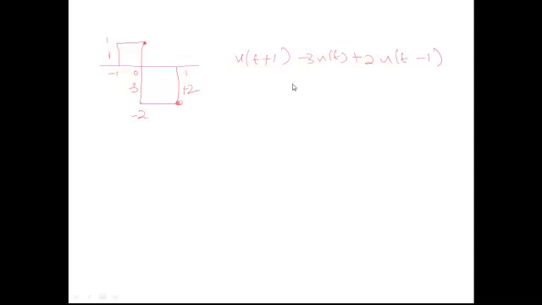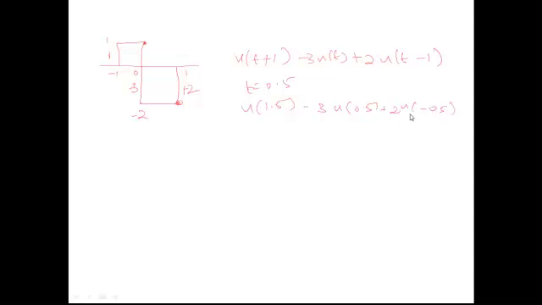You can also validate the signal. Say for example, let us say you want to find out the value at t equal to 0.5. You apply it in this equation. So the first expression becomes t equal to 0.5 plus 1. This becomes u of 1.5 minus 3 u of 0.5 plus 2 u of minus 0.5.